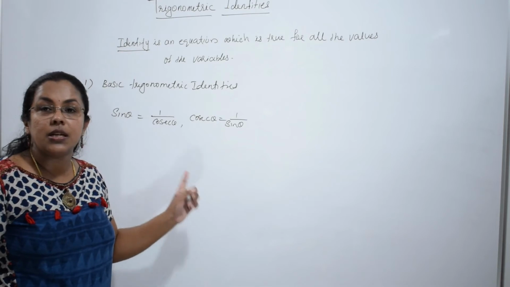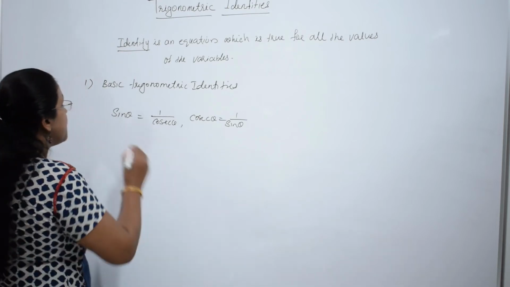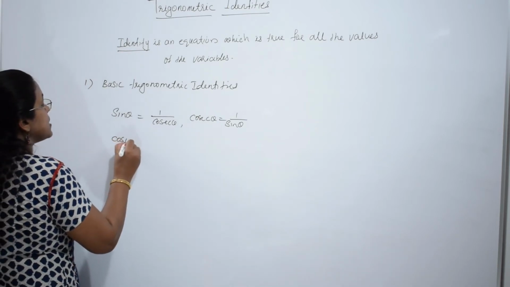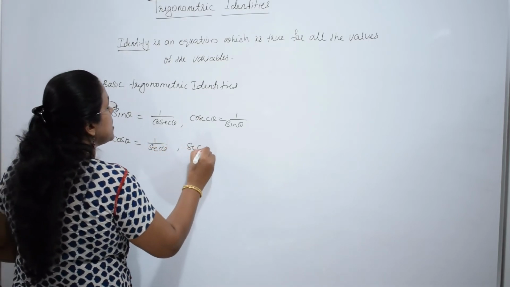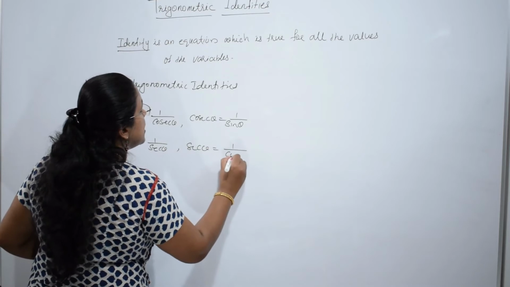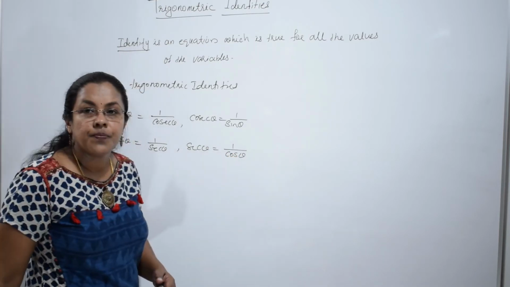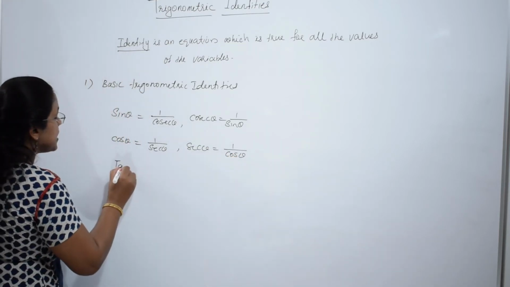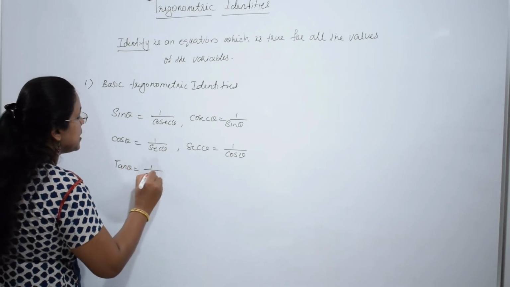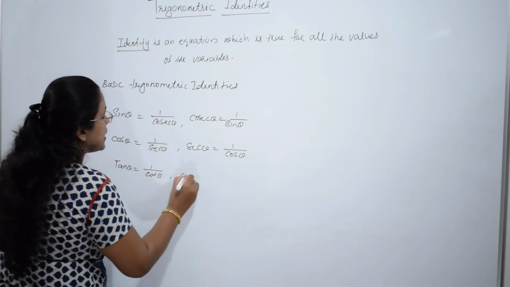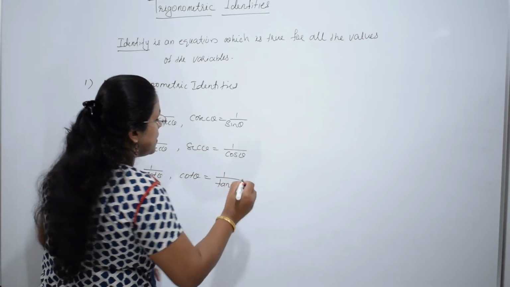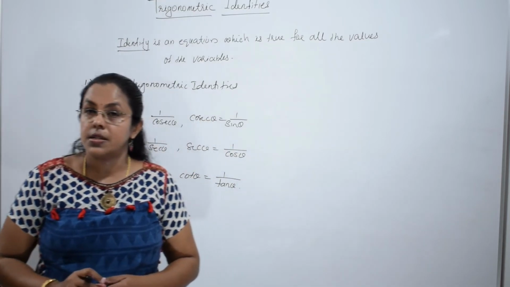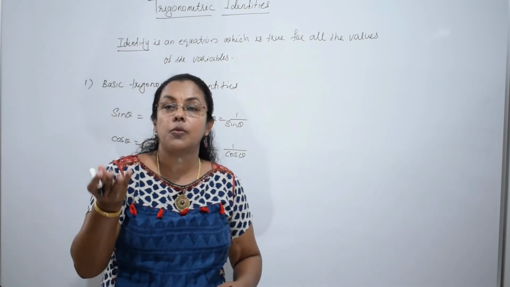Cos theta is equal to 1 upon sec theta, and sec theta is 1 upon cos theta. Tan theta is equal to 1 upon cot theta, and cot theta is 1 upon tan theta. We have already learned this. I am going to explain two more.